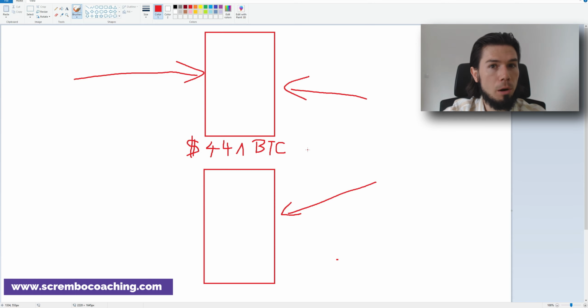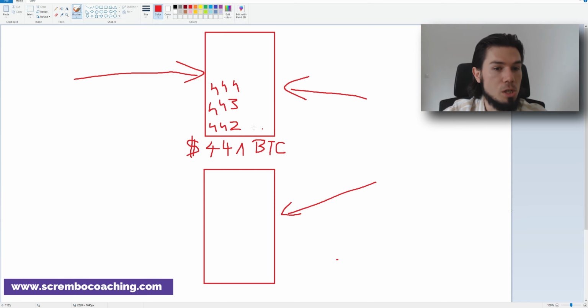Anything above the current market price will be going into the order book of the sellers. So there's going to be a guy here that sells at 442, right? 2 Bitcoins, for example. Another guy that sells at 443. Another guy that sells at 444. Another Bitcoin, and so on at different prices by going up higher and higher.